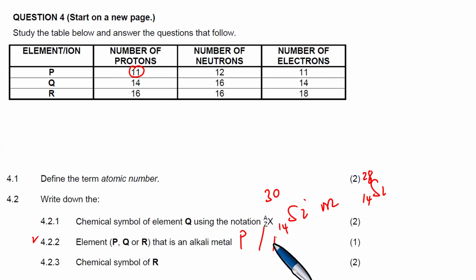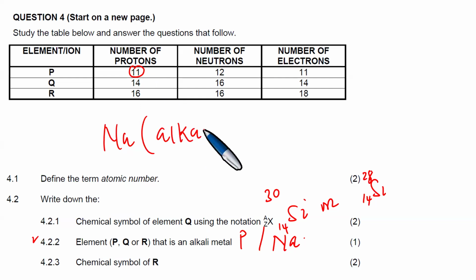So you can say P is Na, and this Na stands for sodium. So write down the element. Is it PQR? That is an alkali metal. So this sodium is called an alkali metal in the periodic table.